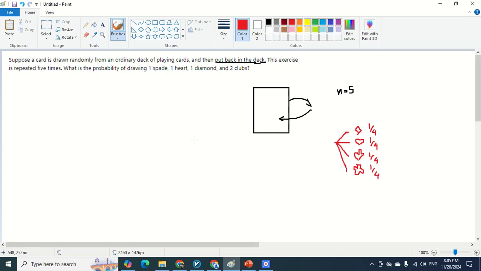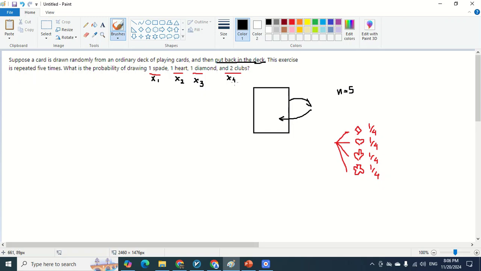So out of these 5 draws, I want to get 1 spade, 1 heart, 1 diamond, and 2 clubs. What is the probability of this? If I denote the random variable for the number of spades by x1, then the random variable for hearts is x2, for diamonds x3, and for clubs x4.